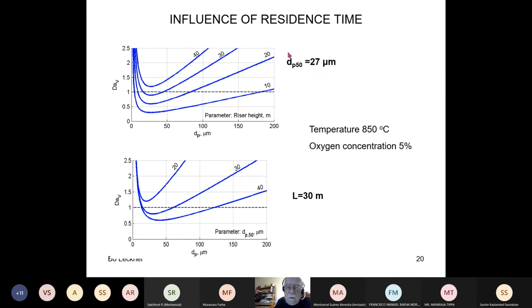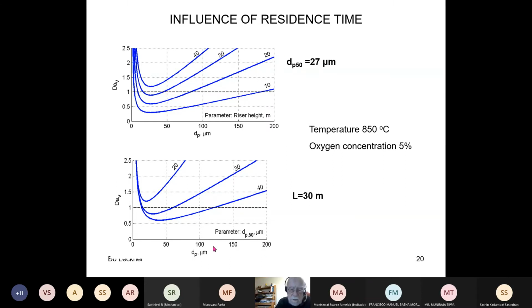In this case it was 27, so it was locked, but the parameter varied was the size of the cyclone, and then the corresponding residence time of a particle for one turn.